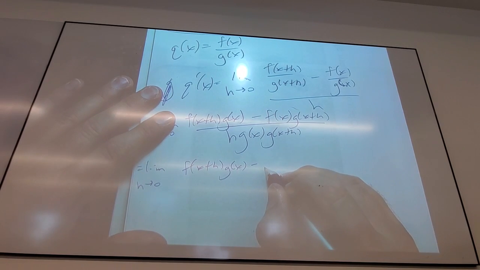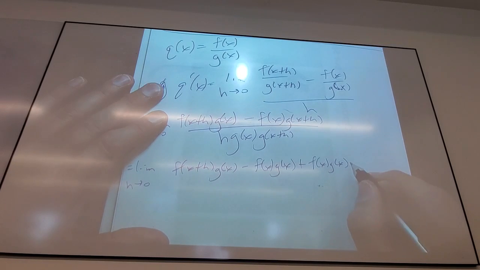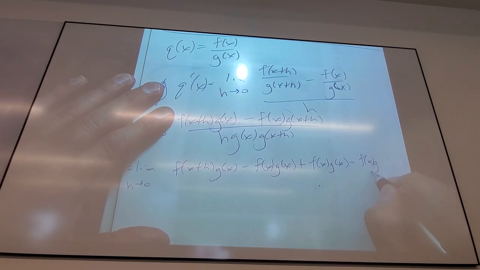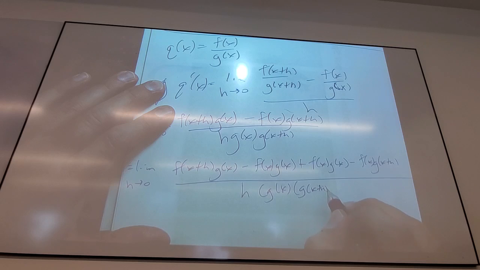Minus f of x, g of x, plus f of x, g of x, minus f of x, g of x plus h, all over h, g of x, g of x plus h.